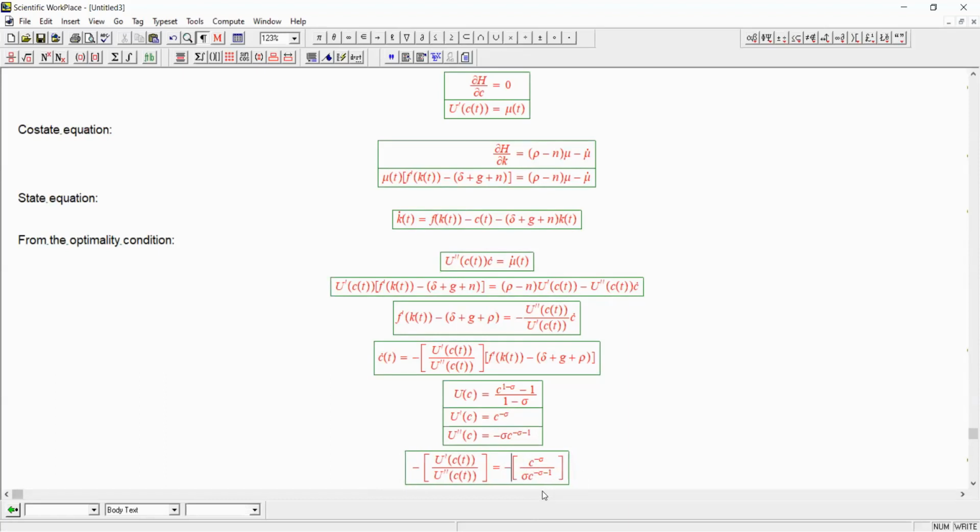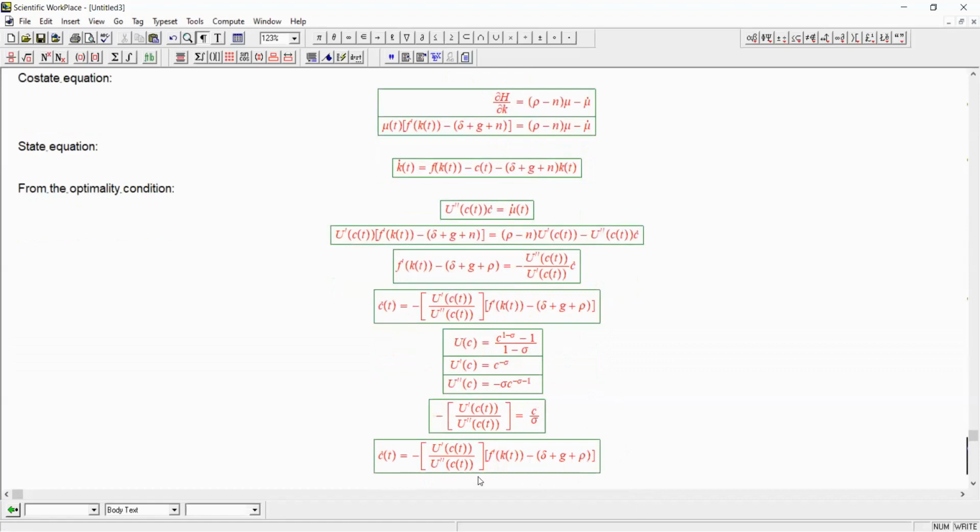Let's cancel our minus signs, and you can see that this cancels here, and so what we're left with is just this. And so for this particular utility function, our function here is going to have a very interesting and useful form.